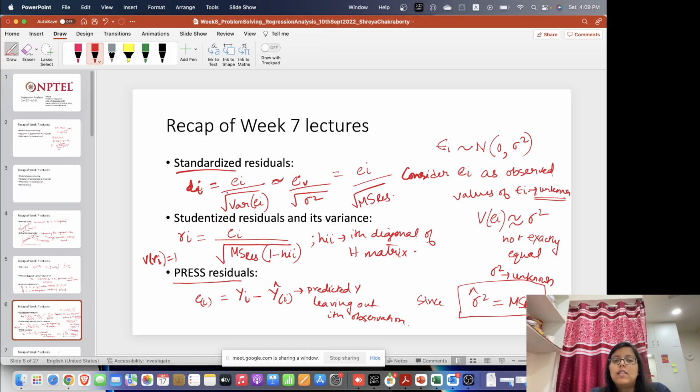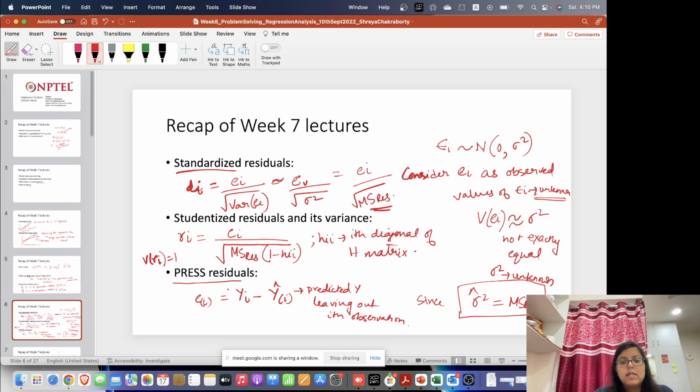And d_i would mean the standardized residuals, that is nothing but e_i divided by the square root of the MS residual, which is an estimate of sigma square. If we divide the d_i values by the square root of 1 minus h_ii, then we get the studentized residuals. The advantage is that the variance of the studentized residuals would be 1, and these derivations were done in class.